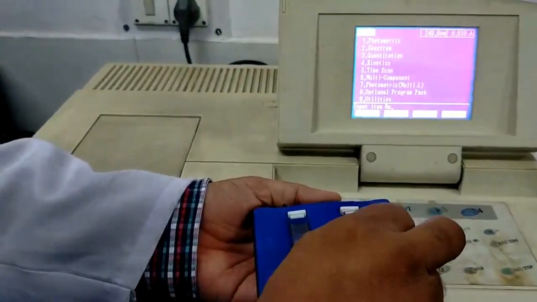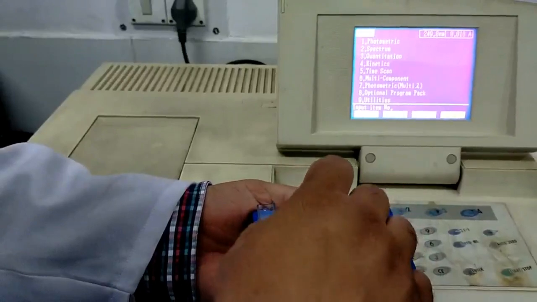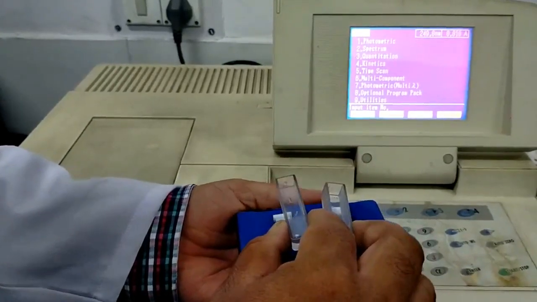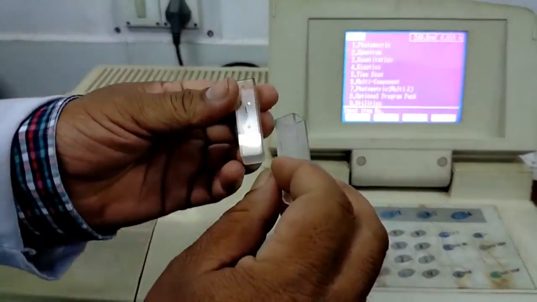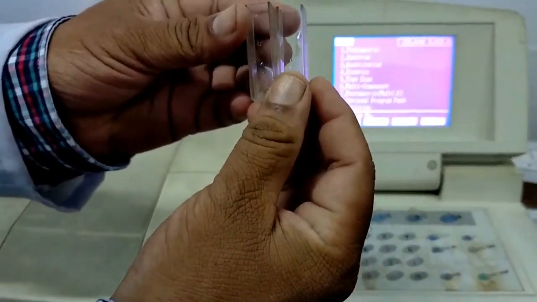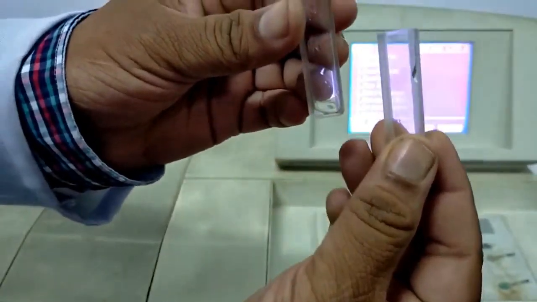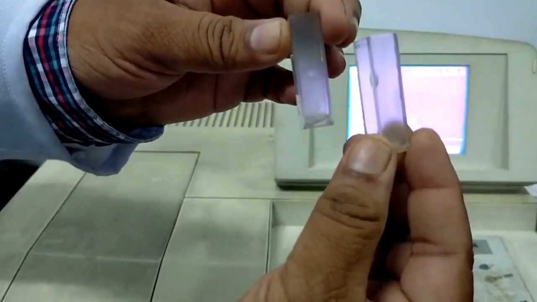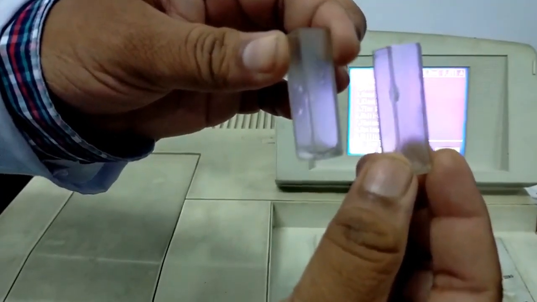You are looking at the cuvettes. These are the two different cuvettes. One is used for blank and another one is used for the sample. So if you are looking carefully, you will see that these are the transparent sides of the cuvettes, and if I tilt it slightly, you will see that the opaque side of the cuvette appears.